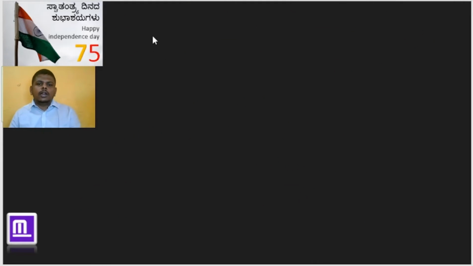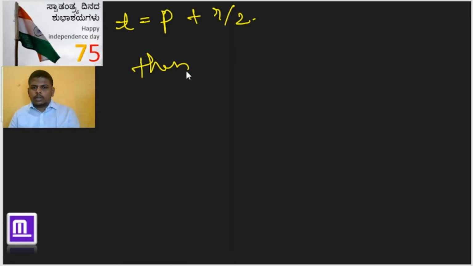So coming to the third property, which is also a very easy one, you can put t equals p plus r by 2. Then definitely t is a number greater than p. That means we should show that you give us any number, it is possible for us to find one more number greater than that.